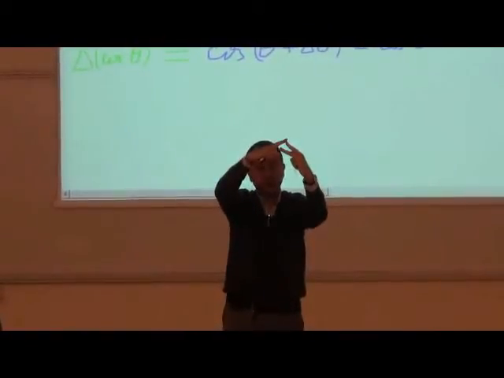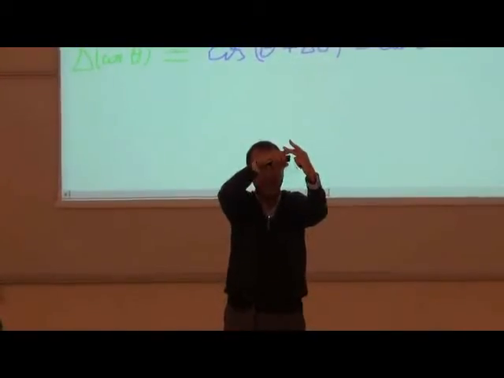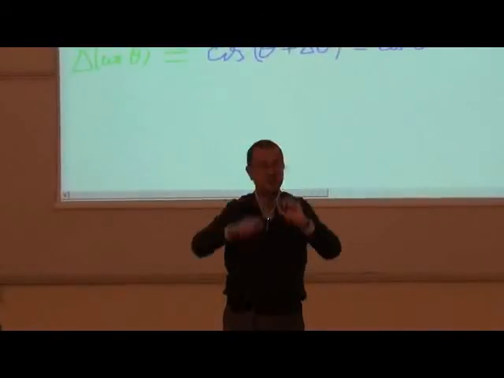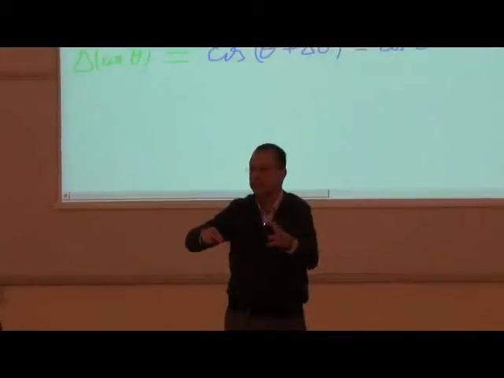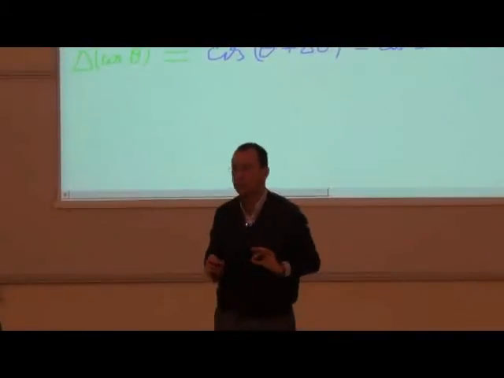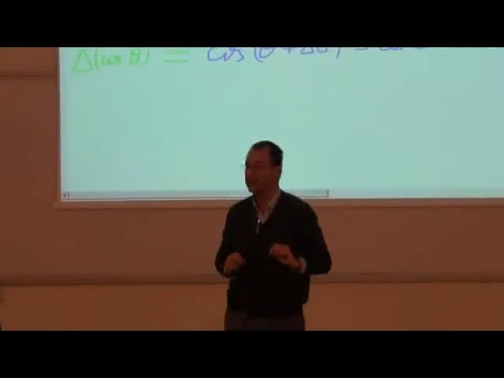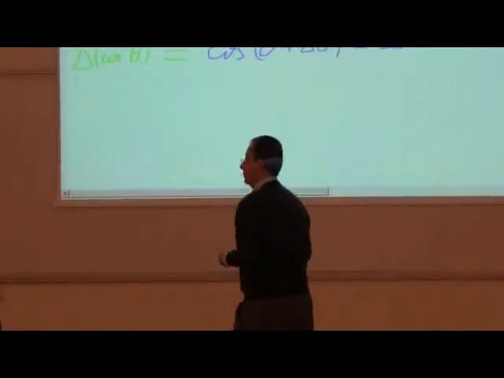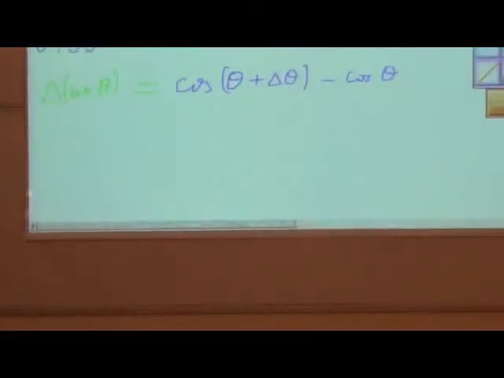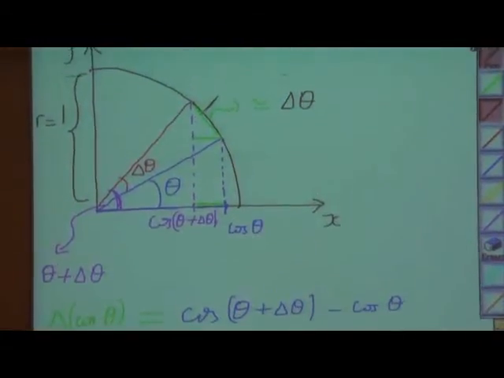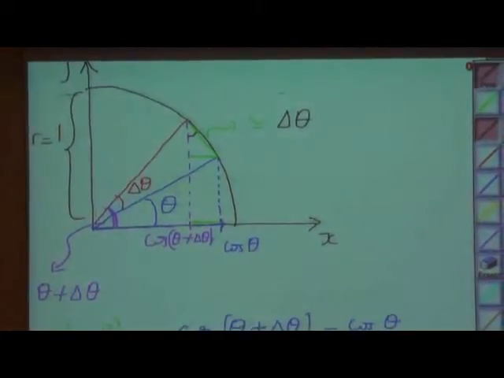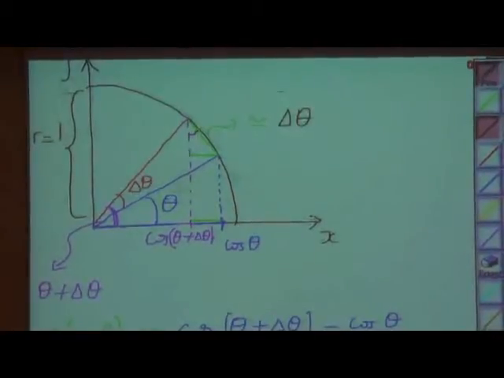The length of arc on a circle is equal to the radius of the circle times the angle at the center, provided the angle is in radians. Okay, that was the definition of radian. Now my circle has a radius of 1, so the length in meters of this little black arc facing delta theta is just delta theta.